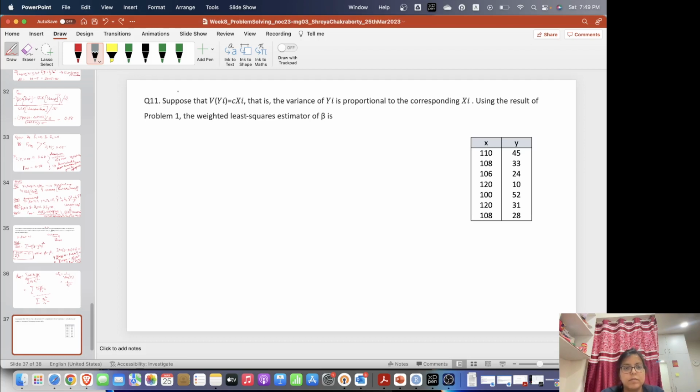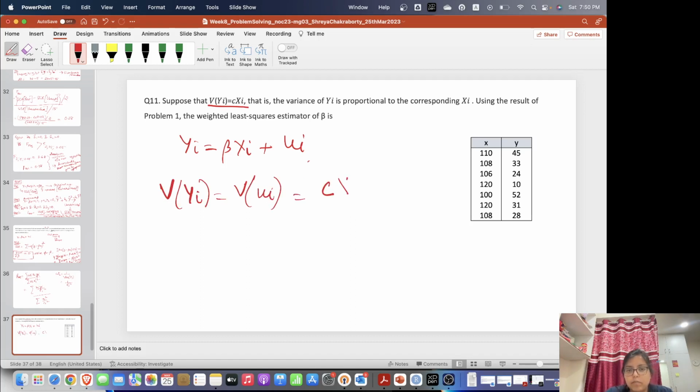Okay. So we have something like this, yi equal to beta xi plus ui. Now this is given, variance of yi equal to c xi. So variance of yi was variance of ui, which is equal to c into xi. So this is not constant.